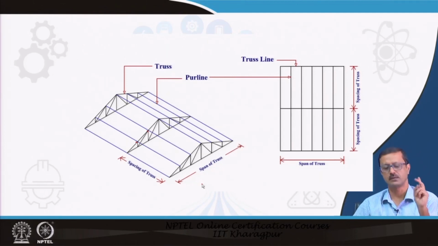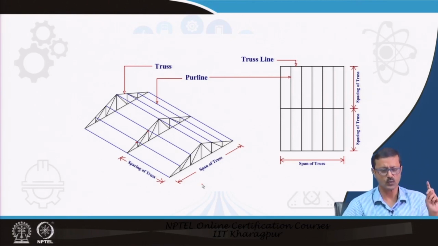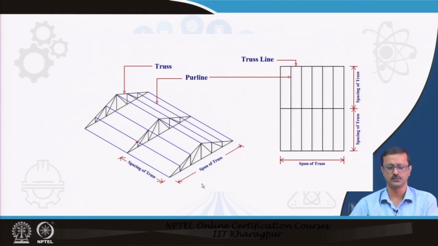Two, the purlins transfer the roof load to the typical nodal joints of each individual truss.